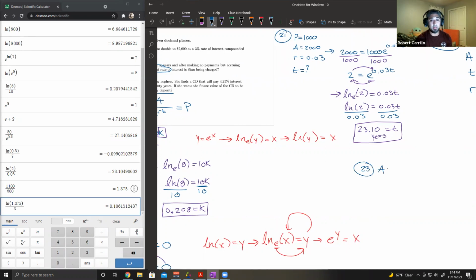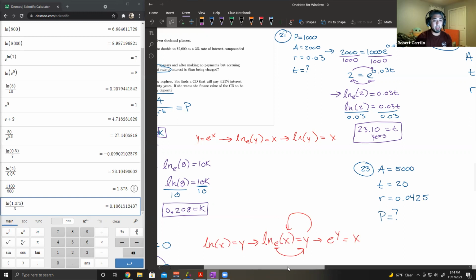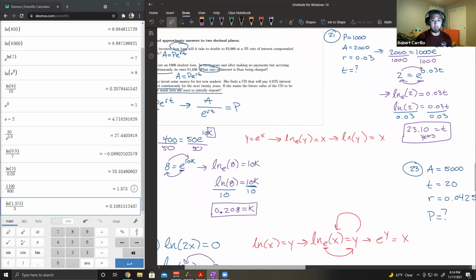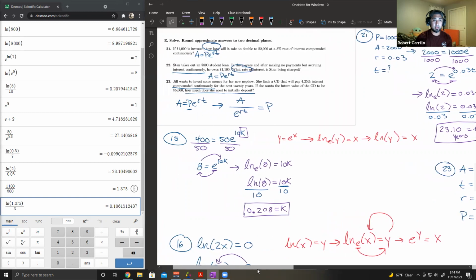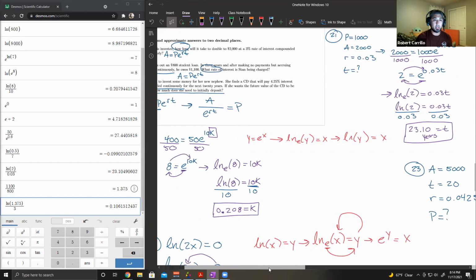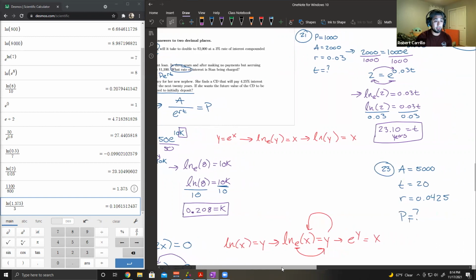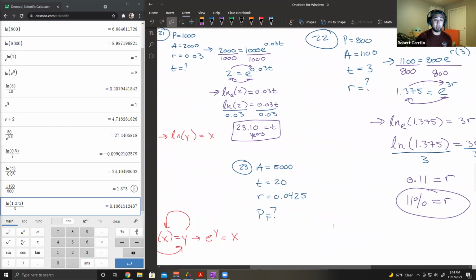So the final amount needs to be $5,000. We are doing this for 20 years, and the rate is 4.25%. So 0.0425, and we're looking for the beginning amount. Let me make sure I wrote all that down right. 5,000, and then 20 years, and then 0.0425. Okay, awesome. So now we just plug it into our formula.